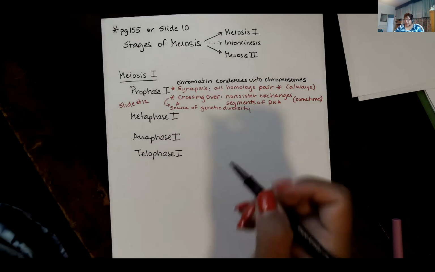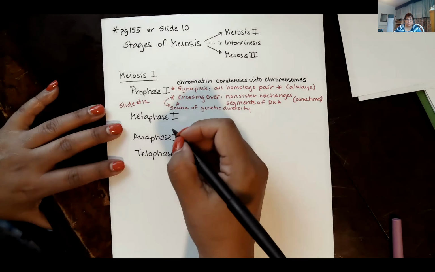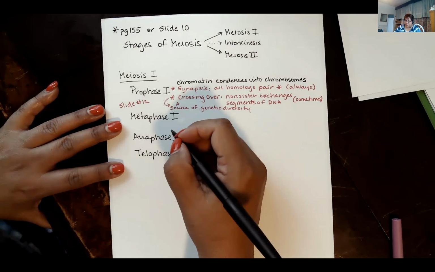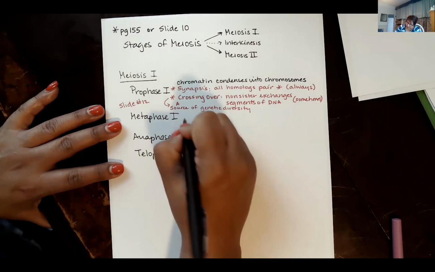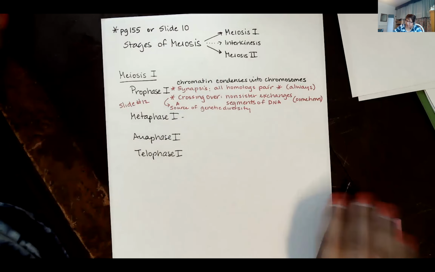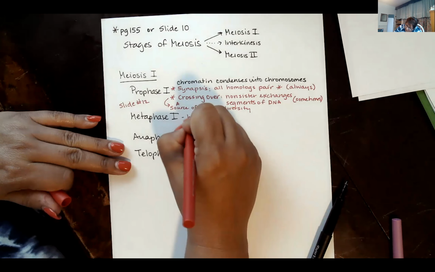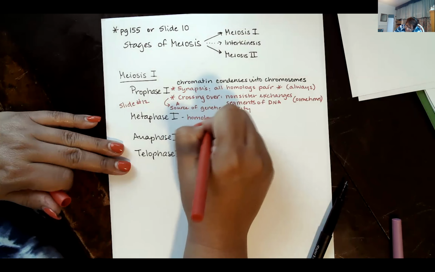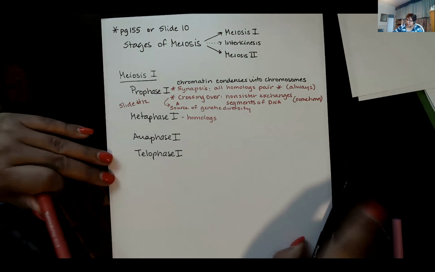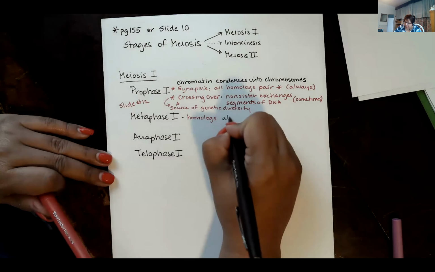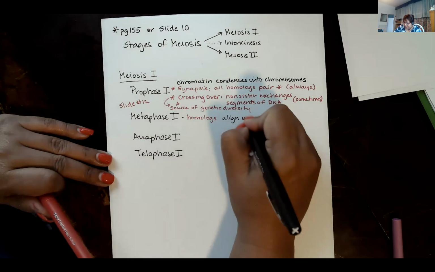Metaphase 1. In every metaphase, chromosomes align in the middle of the cell. But what's a little bit different on this one is that you have homologs that are lining up in the middle of the cell.